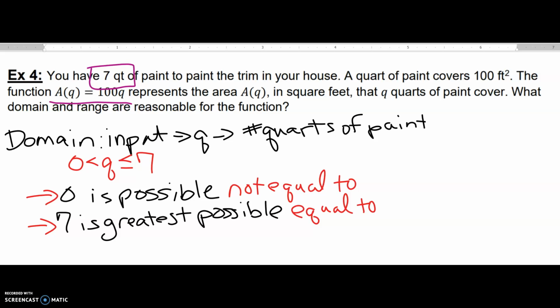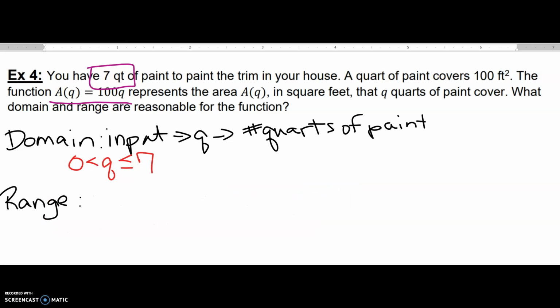Now, we are using the inequality notation on this one because this would be a continuous function because of the fact that you can use partial quarts of paint. You can use only 2.5 quarts of paint or 2 1/4 or 2 1/8. That is possible. So that's why we need to use our inequality notation on this one.